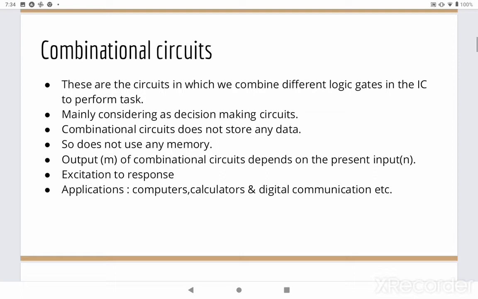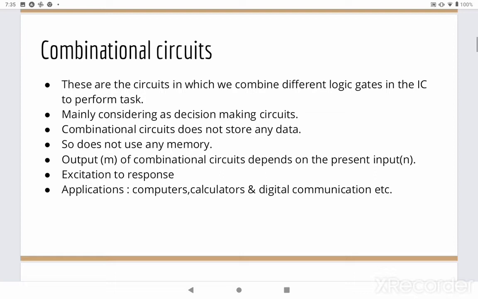By using the inputs of these combinational circuits, or ICs or logic gates, we can get a proper output. A combinational circuit does not store any data. That means it doesn't need any memory.